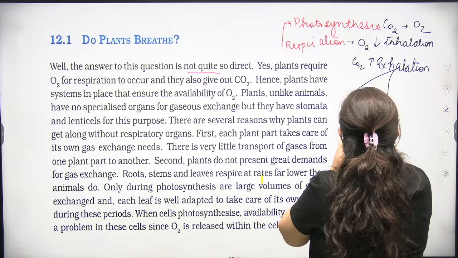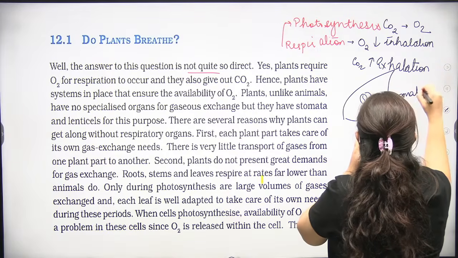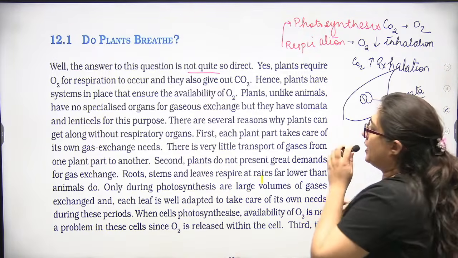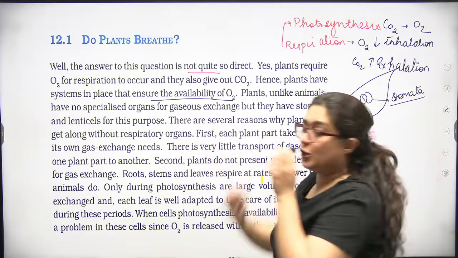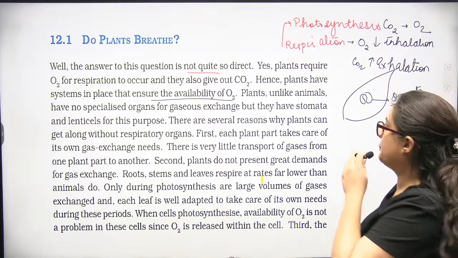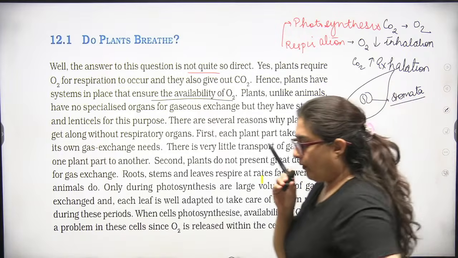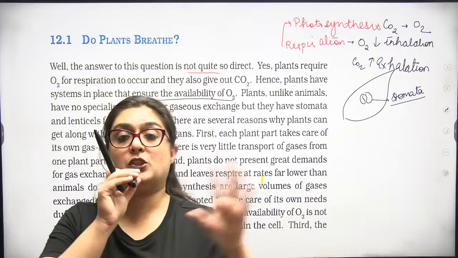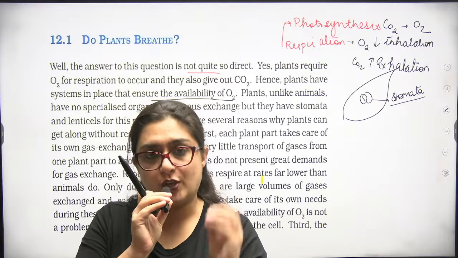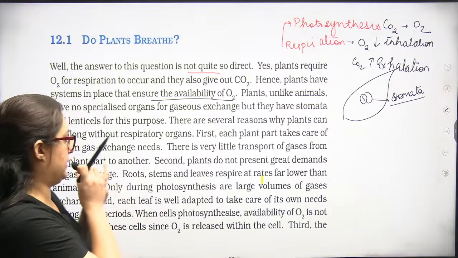Stomata is present. Stomata are exchanging the gases. Means plants have a system in place that ensures availability of oxygen. Okay. Now in plants there are no very specialized organs, but some structures are present which are responsible for exchange of gases. Okay.